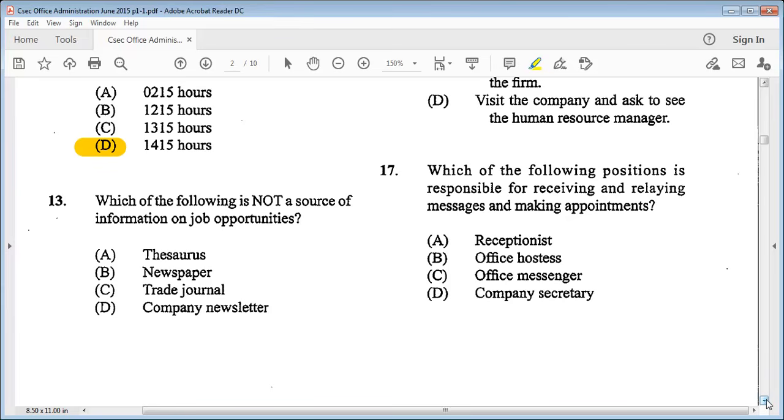Well, using the method of elimination, we know that you would find job opportunities in a newspaper, in a company newsletter, or a trade journal. So it would be A. You would not find information on job opportunities in a thesaurus, because we know what a thesaurus is.